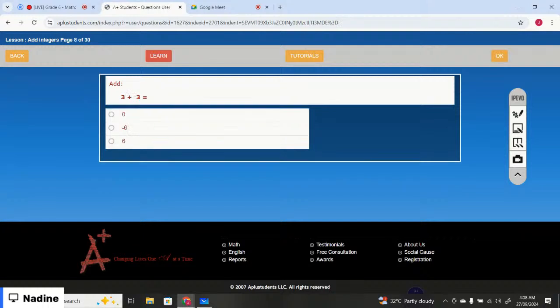The next one is 3 plus negative 3. So which is the correct option?